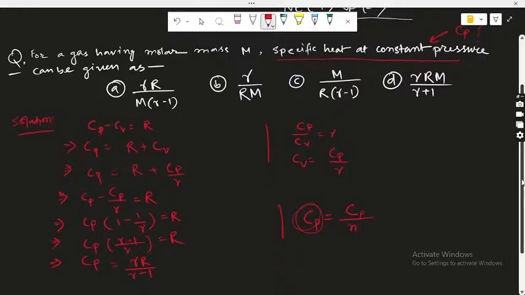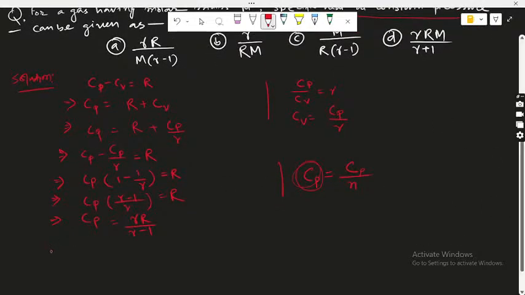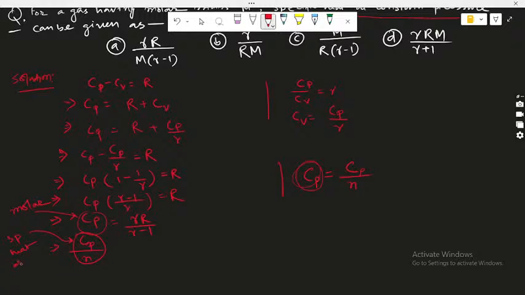So we can write it this way also, but this Cp and this Cp are different. They are different. This one is for the molar heat capacity, and this is for the specific heat capacity at constant pressure, which is equal to gamma R divided by gamma minus 1.